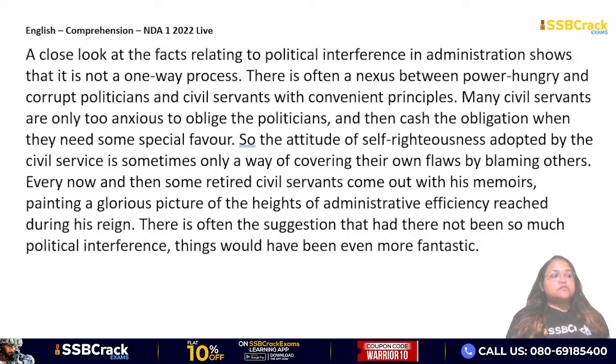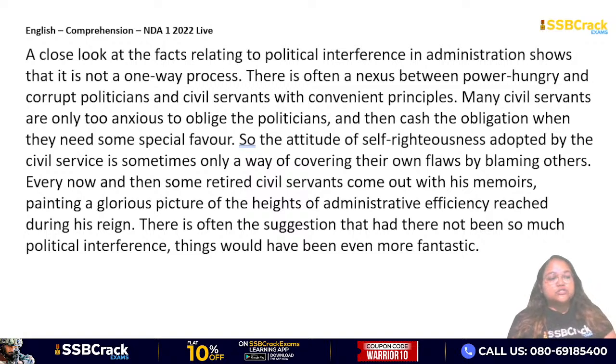Many civil servants are only too anxious to oblige the politicians and then cash the obligation when they need some special favor. So the attitude of self-righteousness adopted by the civil service is sometimes only a way of covering their own flaws by blaming others. Every now and then, some retired civil servants come out with his memoirs, painting a glorious picture of the heights of administrative efficiency reached during his reign.